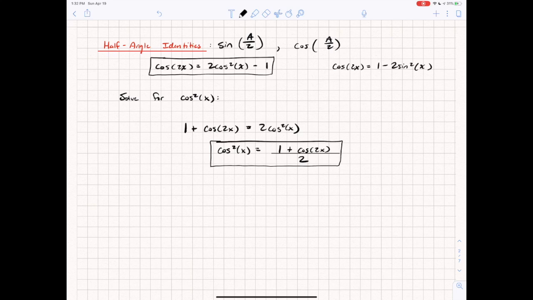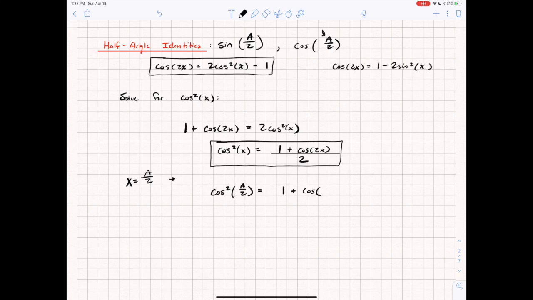Now, this right now is my end goal. To get to the final step here, remember that I'm trying to find the half angle, right? So I'm trying to do a divided by 2. And so I'm going to let x be equal to a divided by 2. Which means, notice that if I substitute this in, I would get cosine squared of a over 2 is equal to 1 plus cosine.